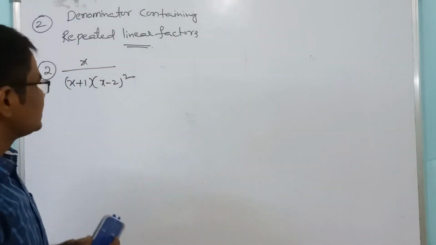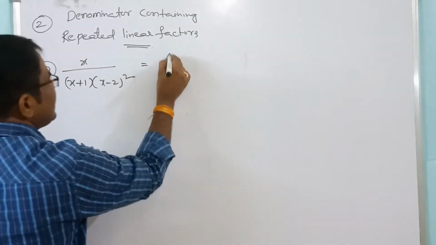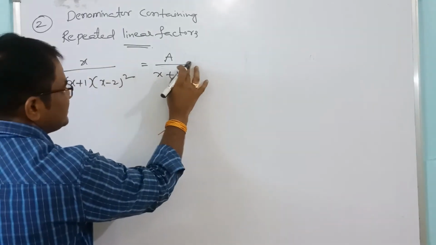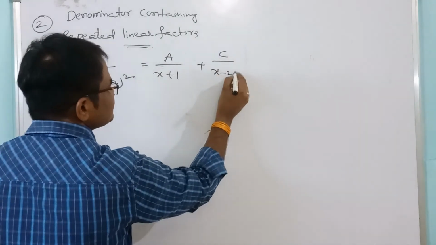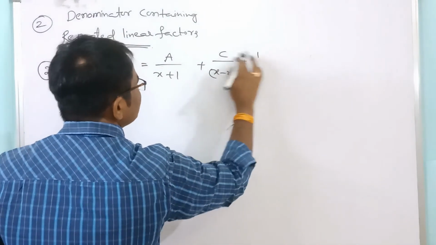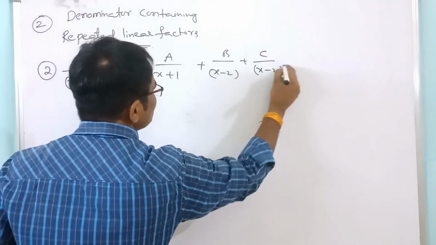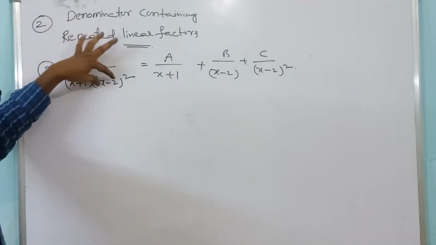So what we have to do is write a by x plus 1 as it is. Then c by x minus 2 plus b, and c by x minus 2 whole square. Listen: x by x plus 1 into x minus 2 whole square.